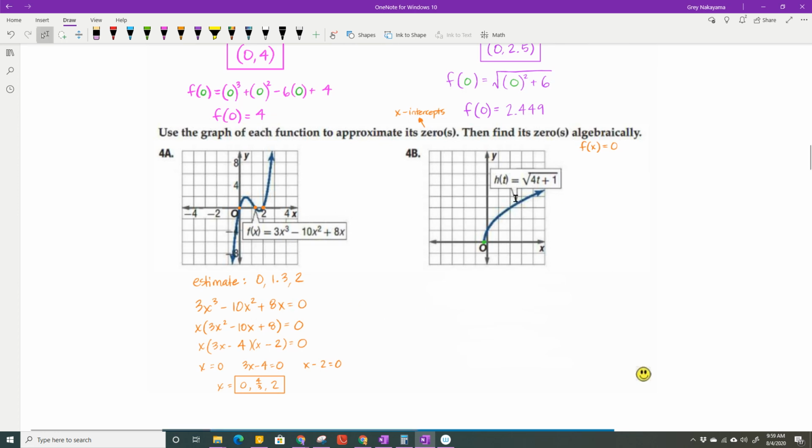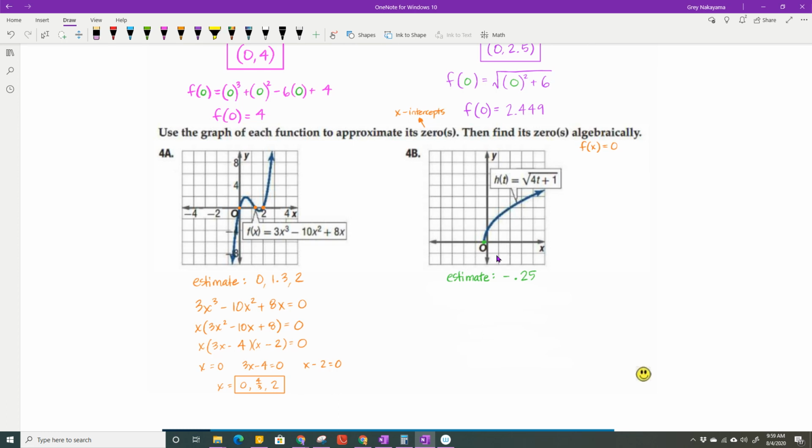All right, last problem. h of t equals the square root of 4t plus 1. So here's my graph. There is my x-intercept, which is also the zero. So my estimate is negative 0.25. Good enough.